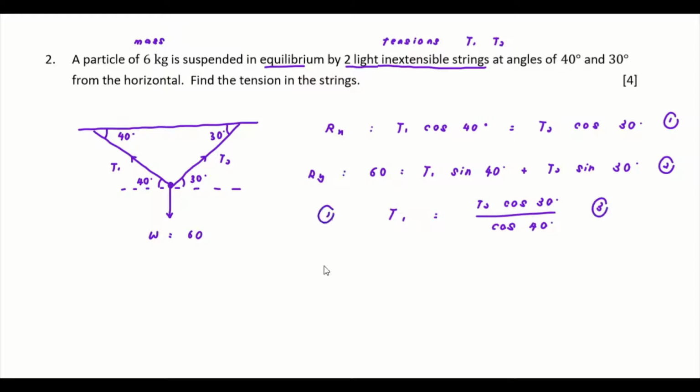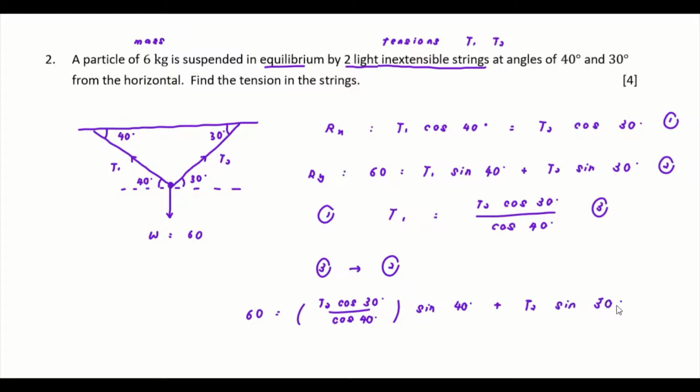So I'm going to substitute my third one into my second one. Okay, so 60 will be equal to T2 cos 30 over cos 40 sine 40 plus T2 sine 30.